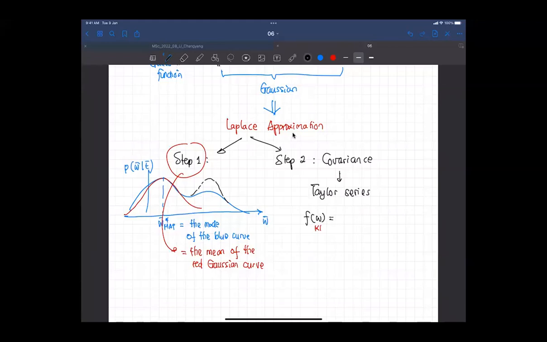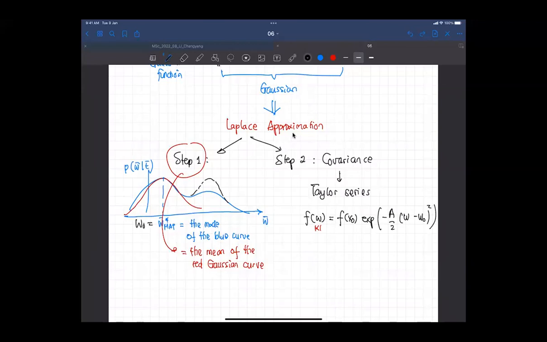So f(W) is f(x0) times the exponential function of minus A divided by 2 times W minus W0, or W_MAP. So here W0 equals W_MAP. That's the idea.